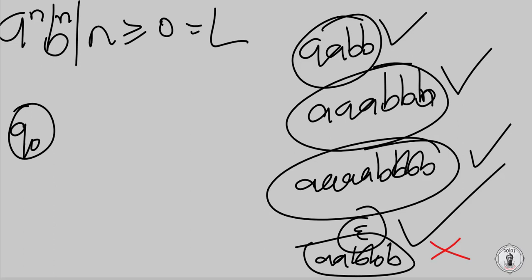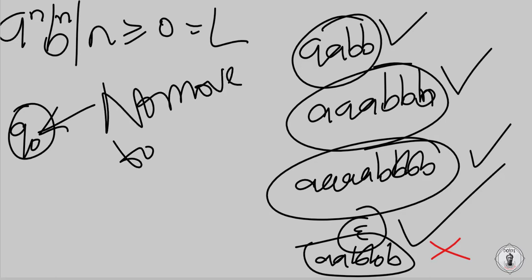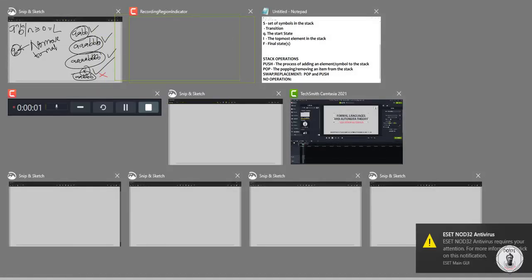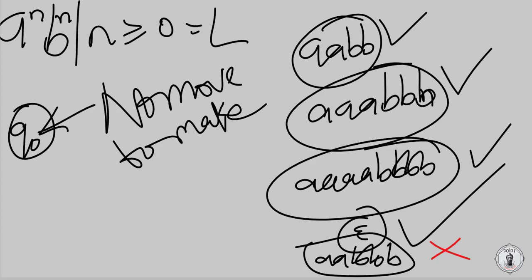So at the same time, I need to talk about the reject criteria of a PDA. You reject a PDA if you are stuck. If you get to a particular state such as Q naught and there is no move to make, it is sufficient to say that the language is rejected.